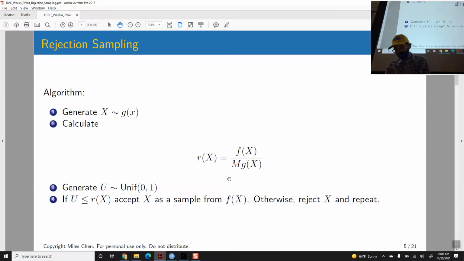And then you decide, using a random value u from the uniform distribution between 0 and 1, should I accept this value or not? If u ends up being less than this ratio, you accept it. And if u ends up being greater than that, you reject it. So you will accept your generated value x with probability r of x, according to this ratio.